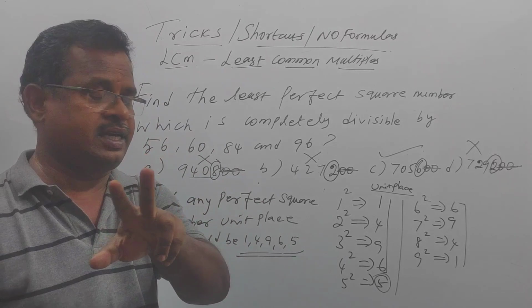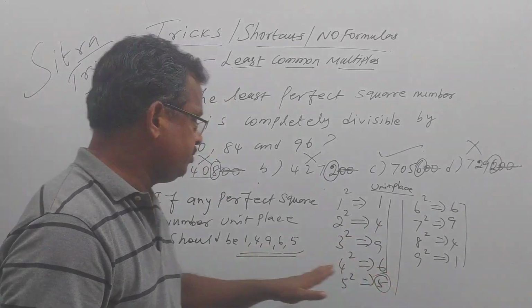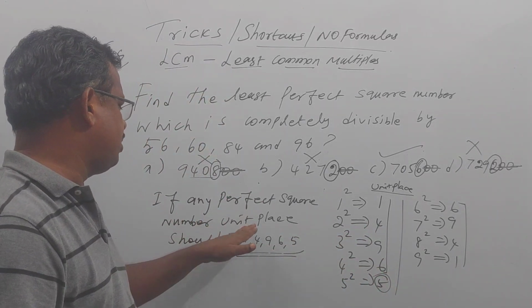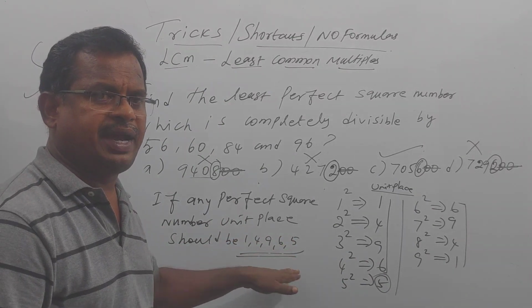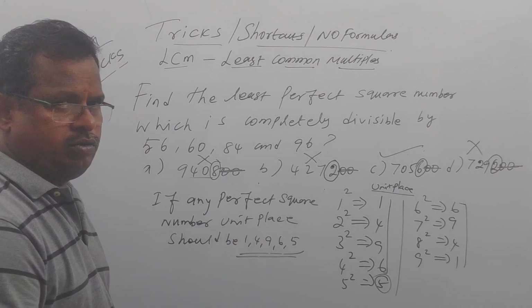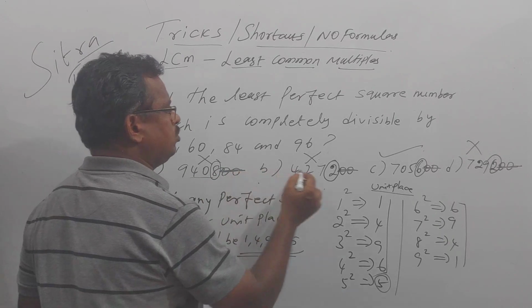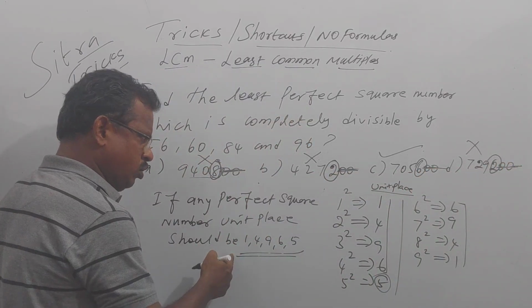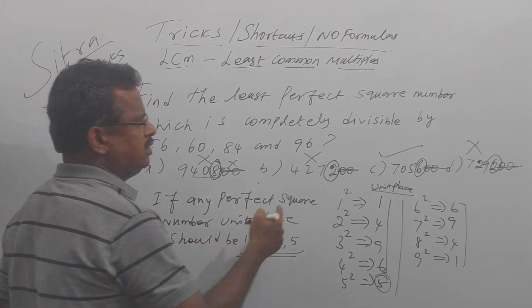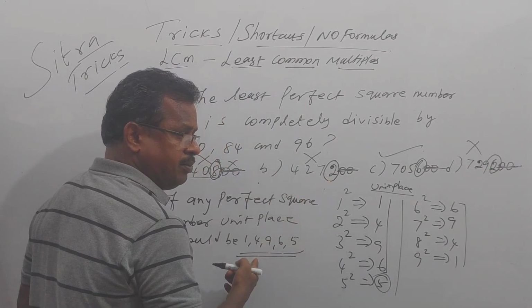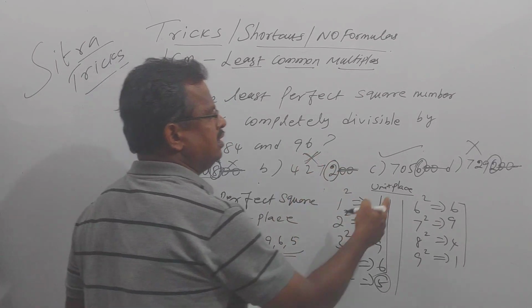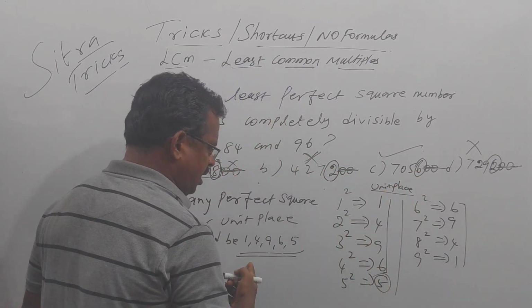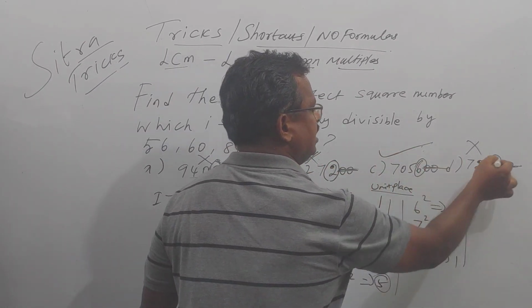Again, I teach within 2 seconds. You should know that any perfect square number's unit place is only 1, 4, 9, 6 or 5. Cancel the common two zeros. Unit place 8, is it available? No, this is not the answer. Unit place 2? No. Unit place 6? Yes, this is the answer. Unit place 2?